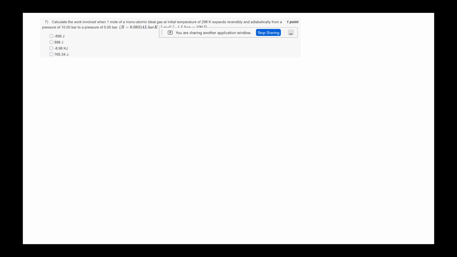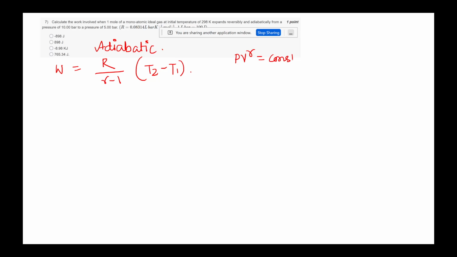So as we know, this is adiabatic, so the work done is R by gamma minus 1 times T2 minus T1. Now we know that for an adiabatic process PV^gamma is equal to constant and PV equals RT. Putting this in, it will be (RT by P)^gamma equal to constant, that makes P^(1 minus gamma) T^gamma equal to constant.